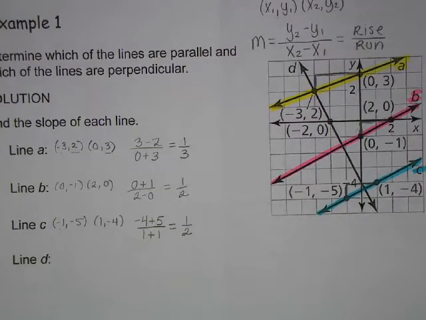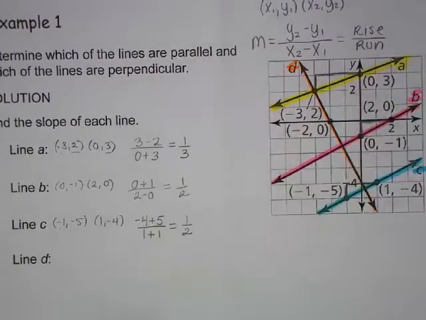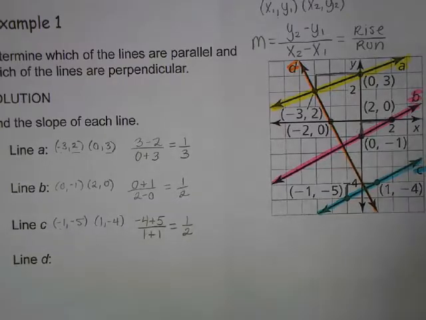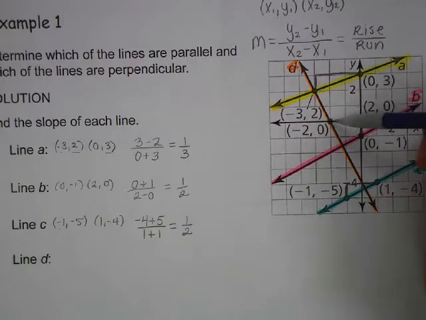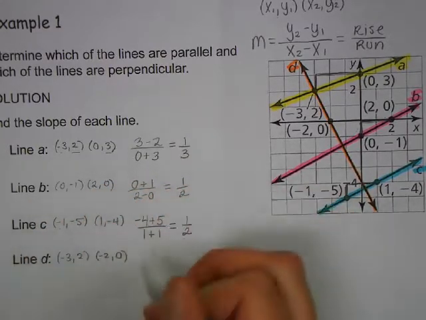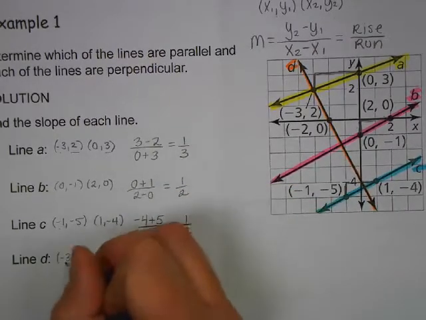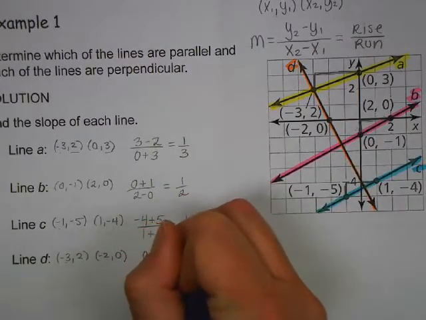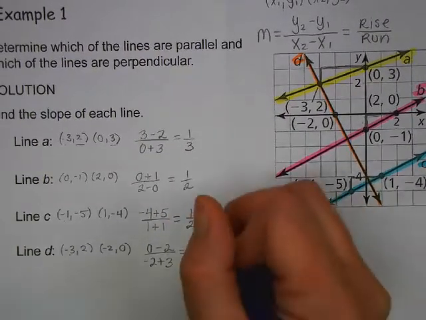And then the last line is line D. Picking 2 points on line D, here's 1 point, which is (-3, 2). The other point on line D is (-2, 0). y2 minus y1 is 0 minus 2. x2 minus x1 is -2 minus -3, which I'm going to change to -2 plus 3.